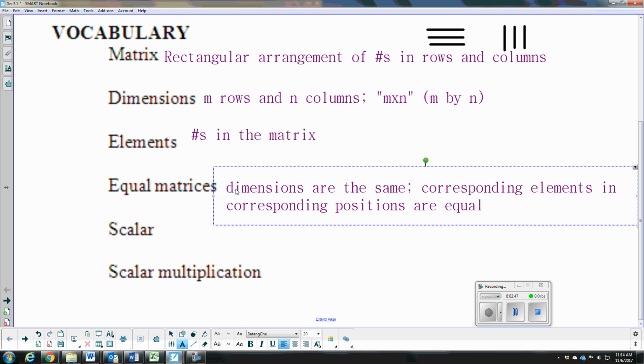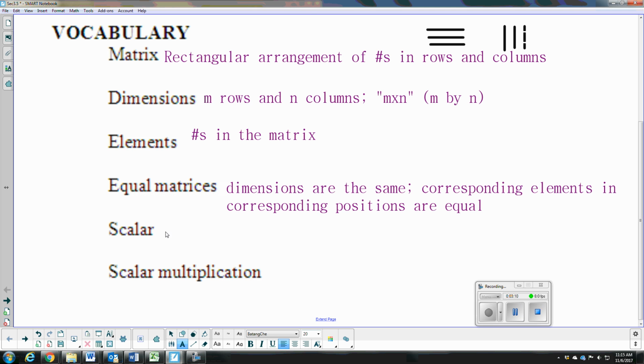So two equal matrices first have to have the same dimensions, and then in row 1, column 1, for example, the value is 2. Row 2, column 1, the value for both matrices is 4. Okay, so the elements in the corresponding positions are also equal.